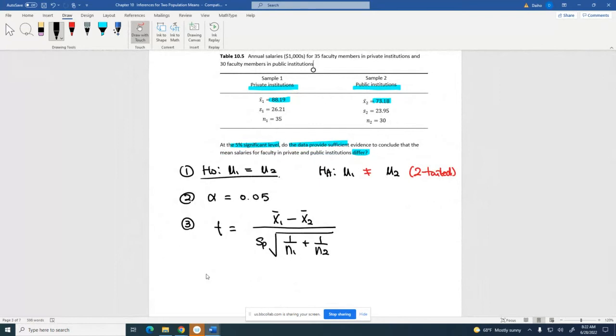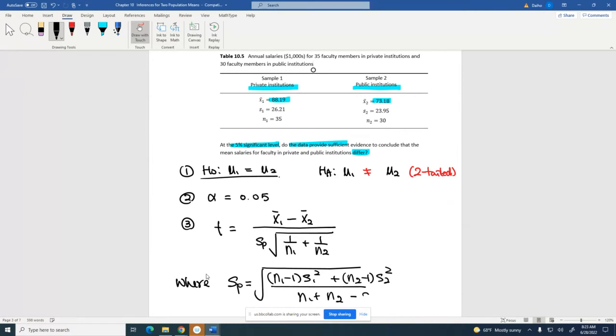And then what was the SP? S is universally the standard deviation, so we have to take the square root of (N1 minus 1) S1 squared plus (N2 minus 1) S2 squared, over N1 plus N2 minus 2.